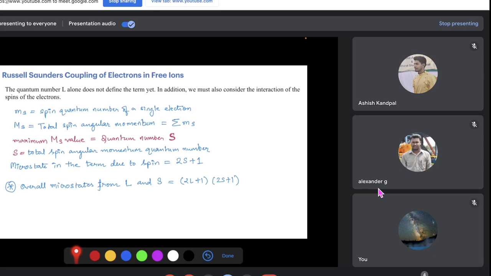The spin quantum number ms of a single electron can be either plus half or minus half. When the spins of the electrons interact, their spin quantum numbers add up and define the total spin angular momentum as capital MS. So the number of microstates due to the spin-spin interaction belonging to the term is 2S plus 1, which is also known as the spin multiplicity.